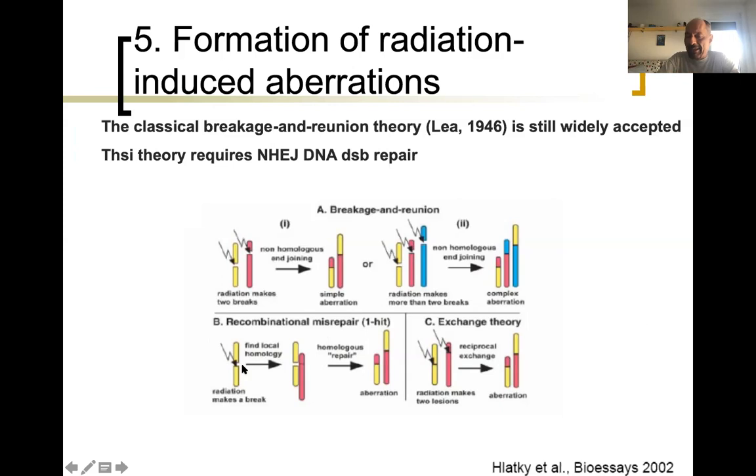You make a break, and then this break is transmitted somehow to the homologous chromosome. But in reality, homologous recombination is accurate, and the exchange theory is not really supported by the fact that the breaks actually move. They really exist. They are really breaks. They can move in the nucleus to find another break and make a misrejoining.